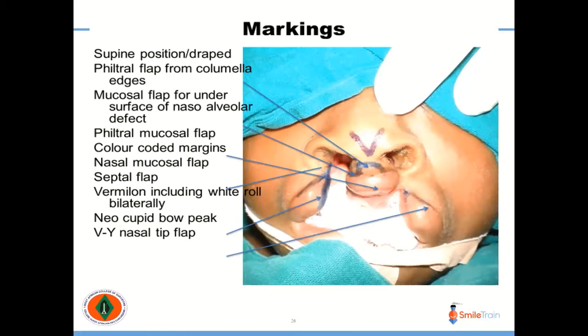On the lip side, the good Lord has made it such that the color guides you. So all these things are color coded. So inside, that's the nasal mucosa flap.